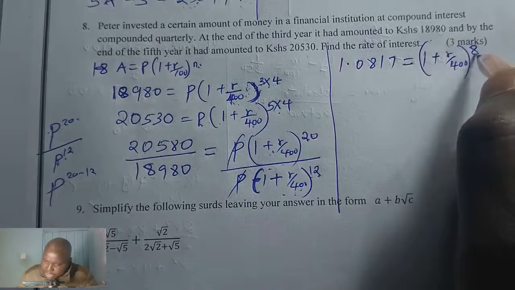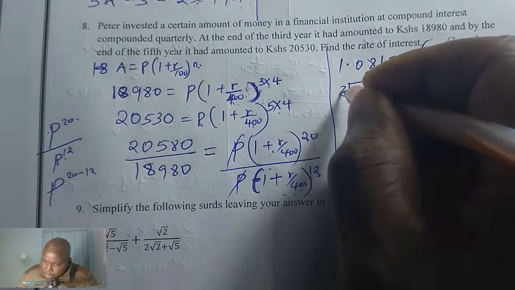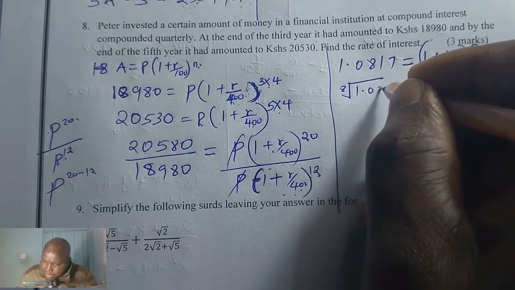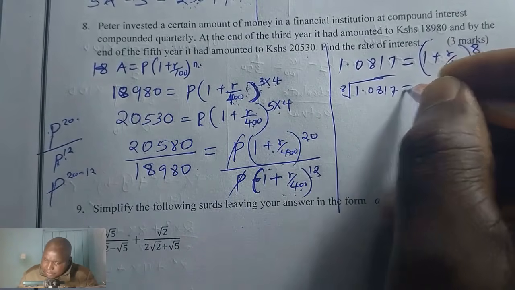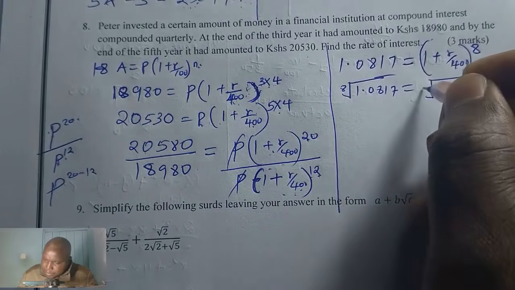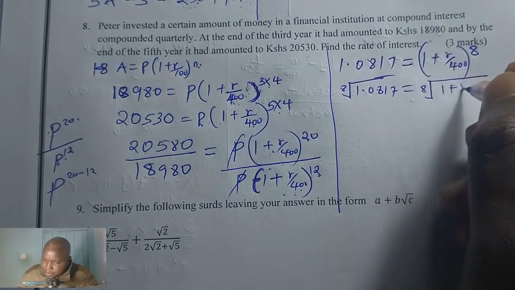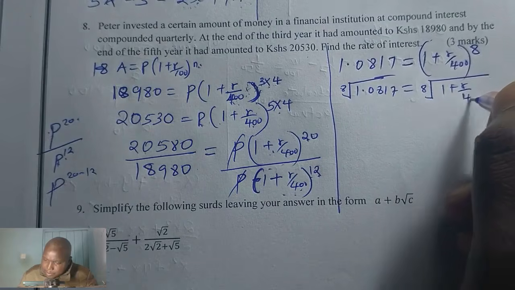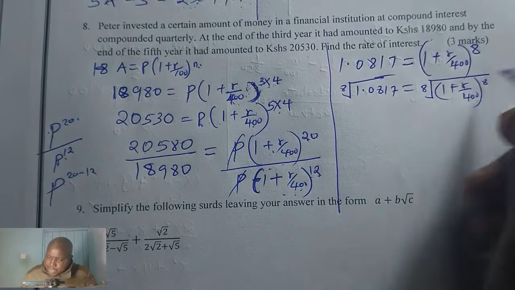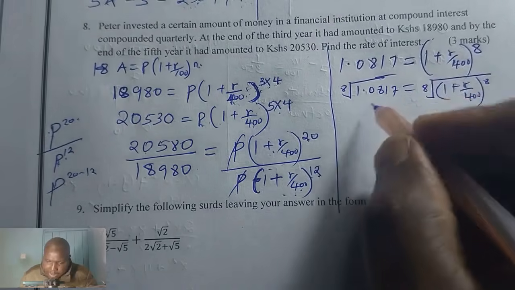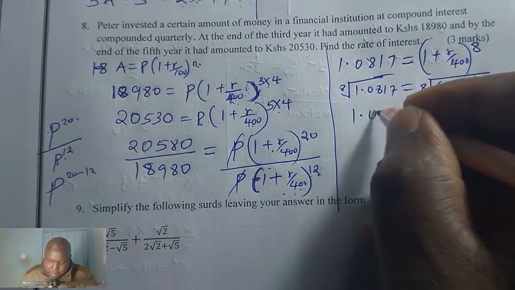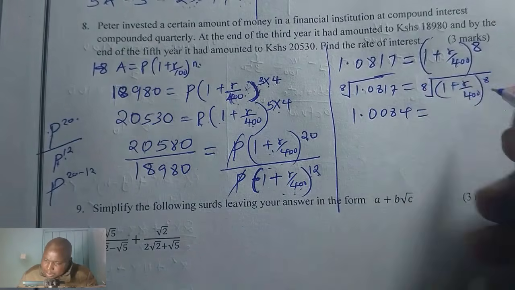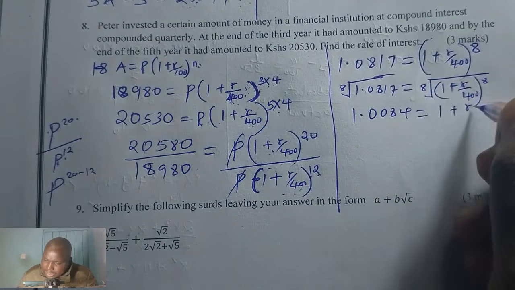So we get the 8th root of 1.0817, and this one cancels out. We get 1.0084 is equal to 1 plus R over 400.